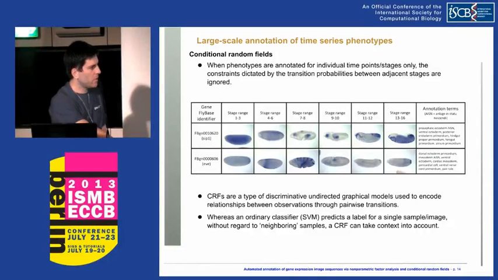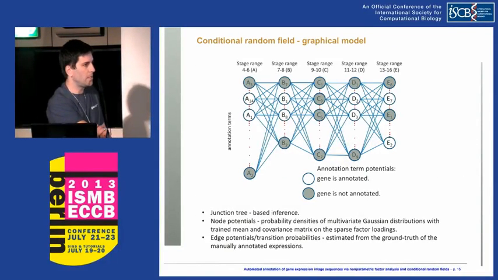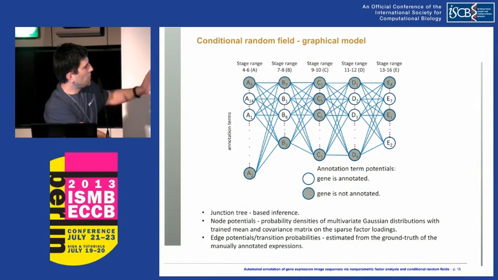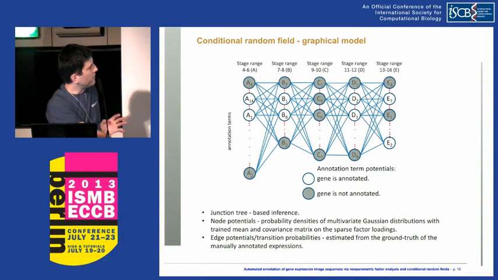And I'm going to show you in the next slide the graphical model for such a conditional random field. I showed here a picture that really represents our model. So we have 5 different stage ranges for Drosophila embryogenesis, and every single column represents one stage range. And for a given stage range, I'm showing you the annotation terms that we selected, the most used ones.